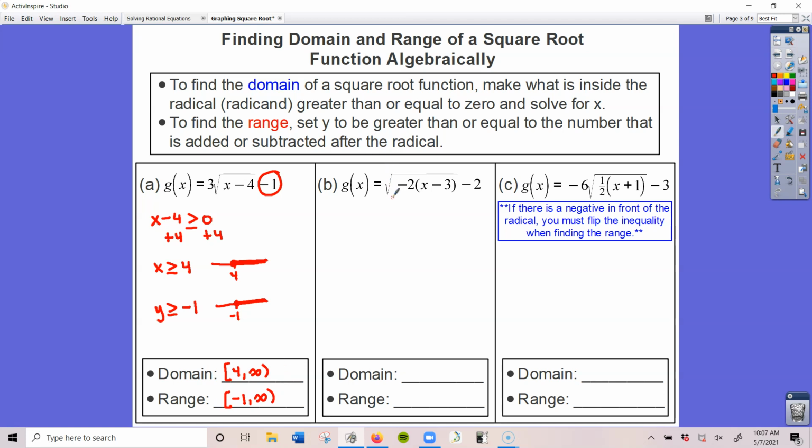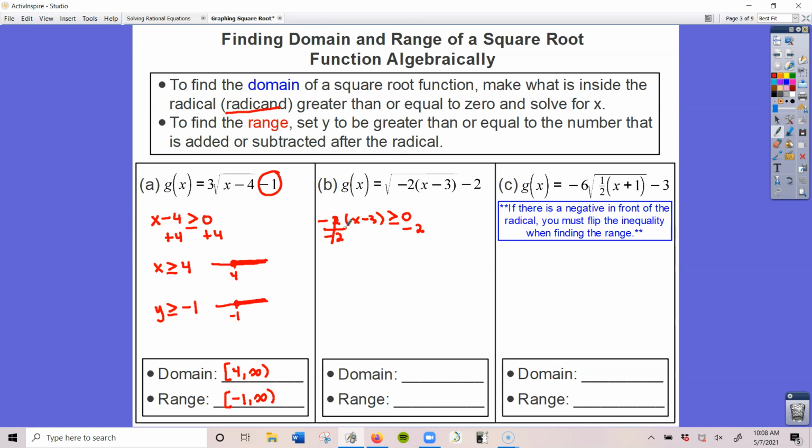Let's try that again. The domain. We take what's inside of the radical, which is called the radicand. So the -2 times x minus 3, and make it greater than or equal to 0. And now we solve. So first I'm going to have to divide by the -2.